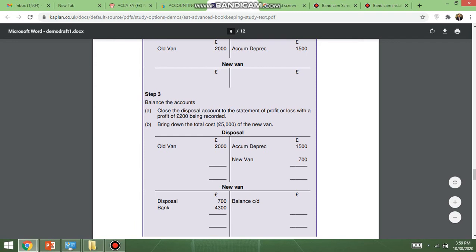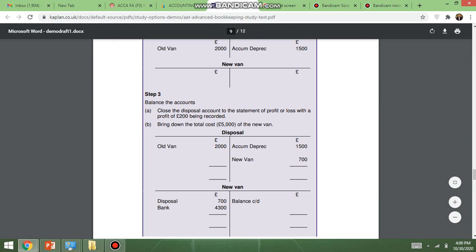The old van was credited and its account got closed, and it gets debited over here in the disposal account. The accumulated depreciation of the old van got credited, and it came over here as a credit, and the new van's allowance came over here of 700.